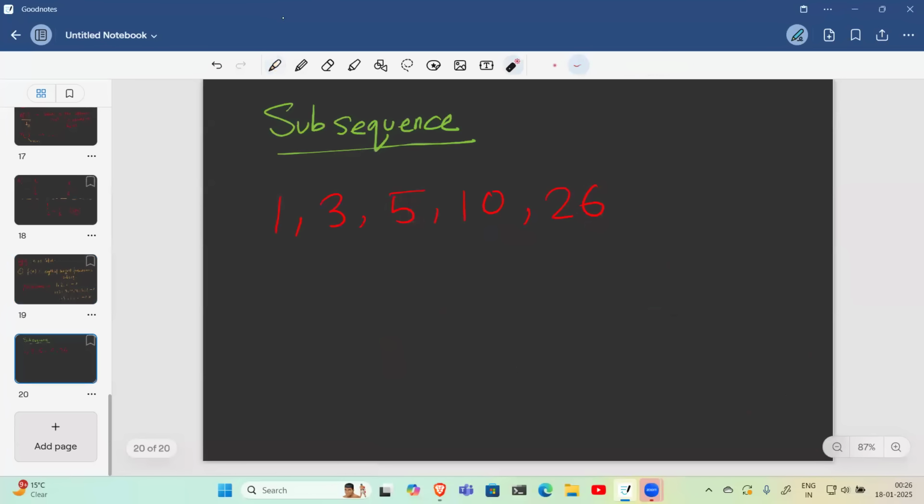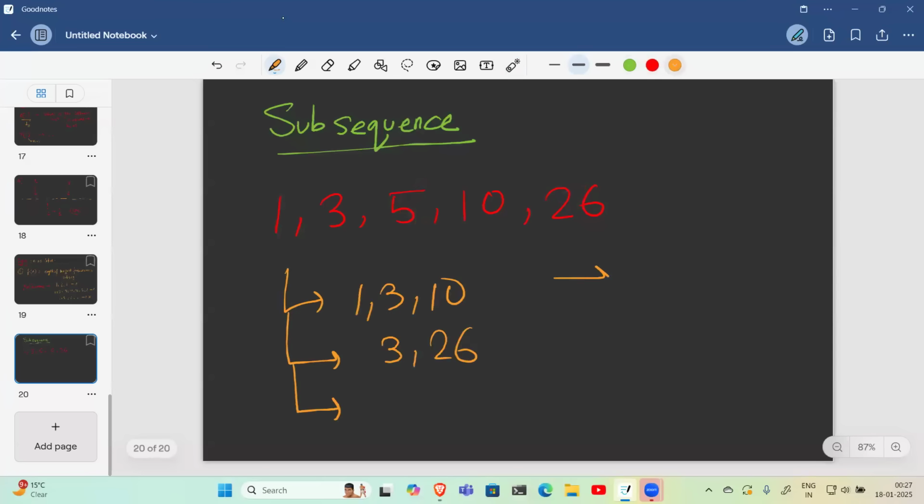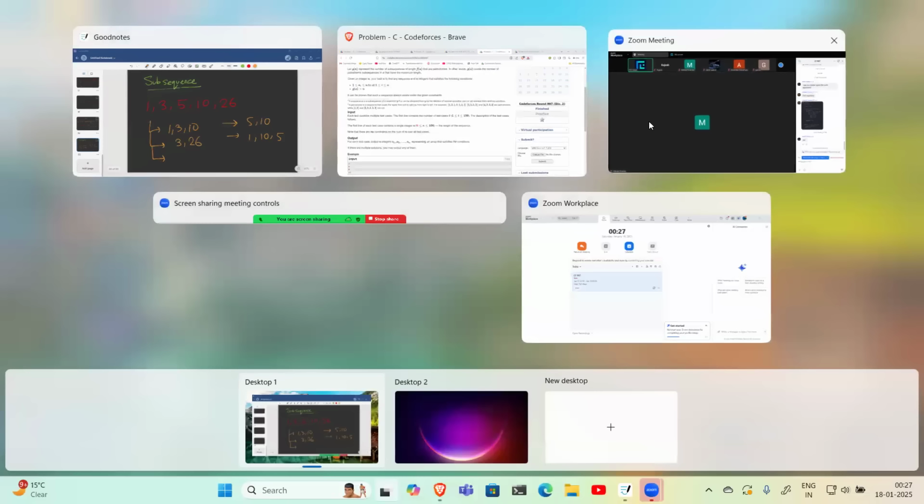Suppose I remove this 5 and this 26. So I get 1, 3, and 10, right? That is a valid subsequence. Similarly, 3 and 26 is a valid subsequence. Okay. Now let me ask you, is 5, 10 a valid subsequence? Is 1, 10, 5 a valid subsequence? Anyone?